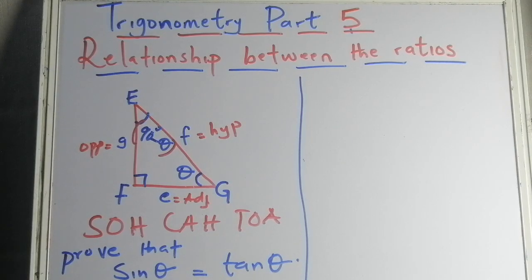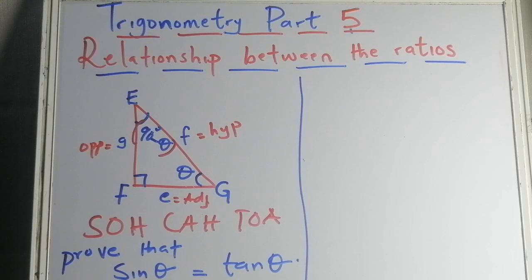We already know what tan is, which is TOA. But they can ask you a question such as, can you show how sine theta over cos theta equals tan theta? It's very simple. Just follow it as I'm saying it.